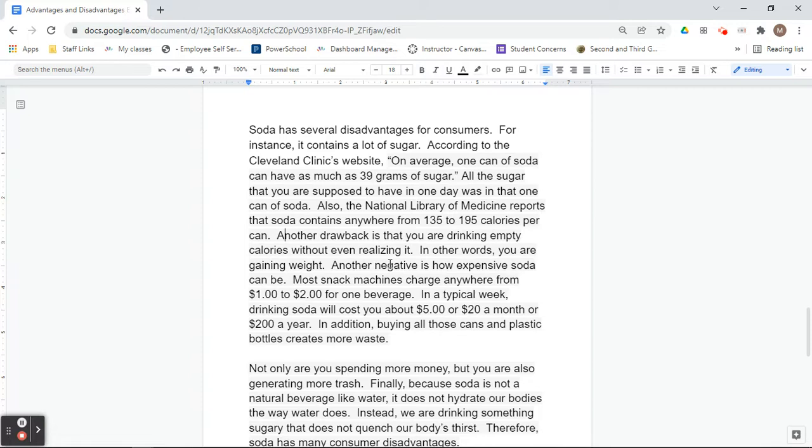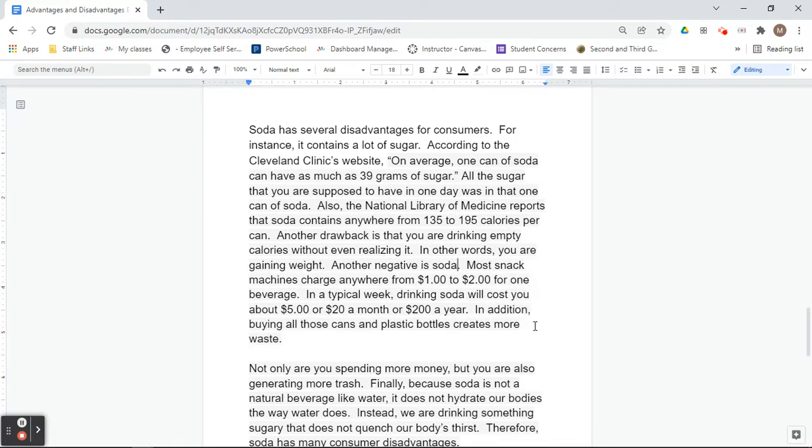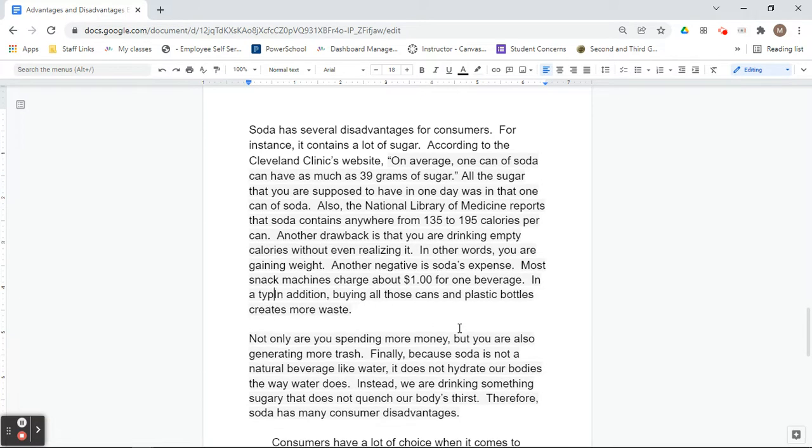Another drawback is that you are drinking empty calories without realizing it. In other words, you are gaining weight. Another negative is soda's expense.